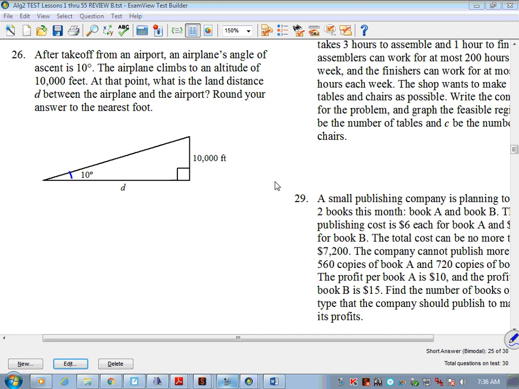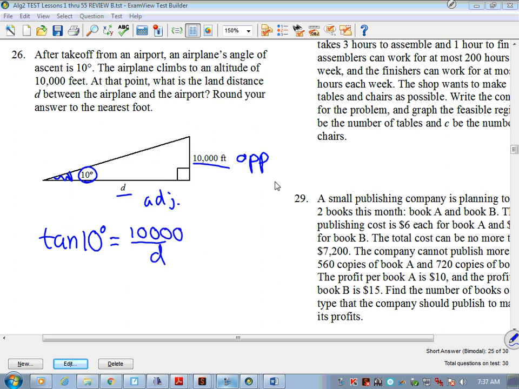Based upon our 10-degree angle, 10,000 feet is opposite to that angle. D, which is what we're solving for, is adjacent to that angle. What uses opposite and adjacent? Tangent does. So tangent of 10 degrees, and then our ratio, opposite over adjacent, so 10,000 over D.